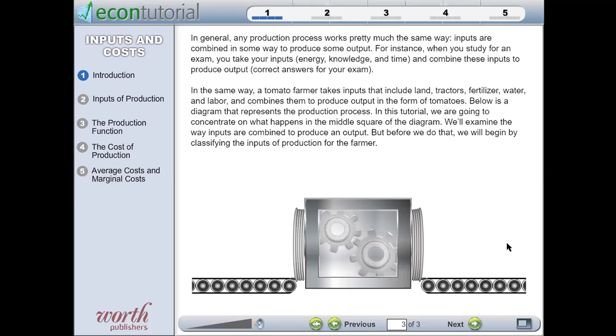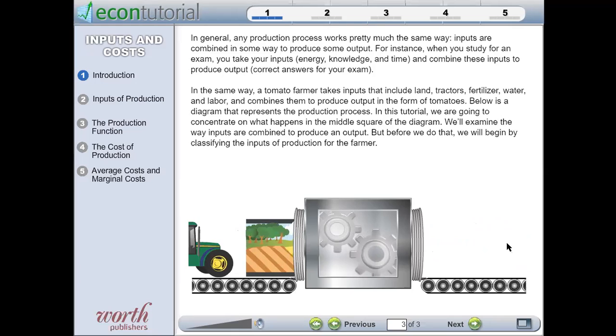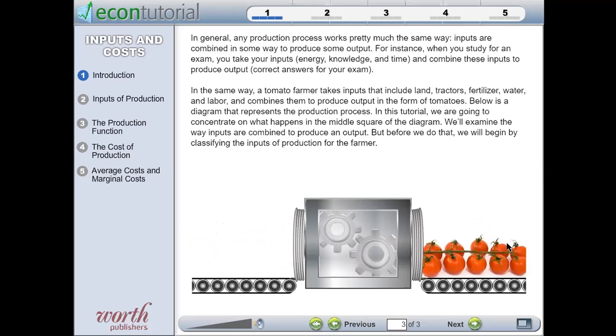For instance, when you study for an exam, you take your inputs, energy, knowledge, and time, and combine these inputs to produce output, which is the answers that you are going to produce in your examination. Now, in the same way, if there is a farmer who is trying to produce some tomatoes, right? So the farmer would need the production inputs, the production factors.